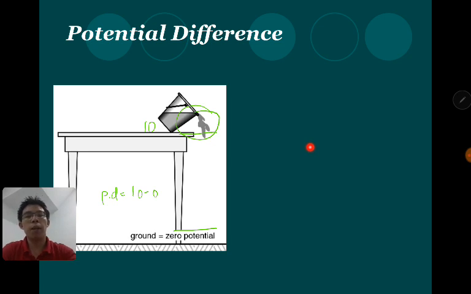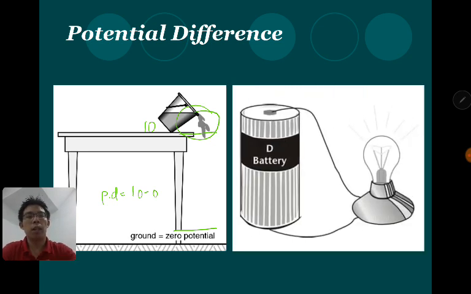The same thing applies in an electrical circuit, where charge is like the mass in the gravitational field. If you move this charge to a different position in the electrical circuit, then as it moves from one point to another, it will have a change in the electrical potential energy.